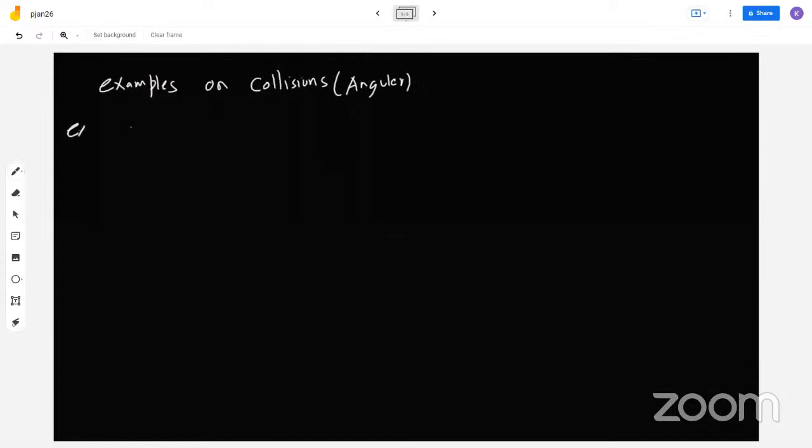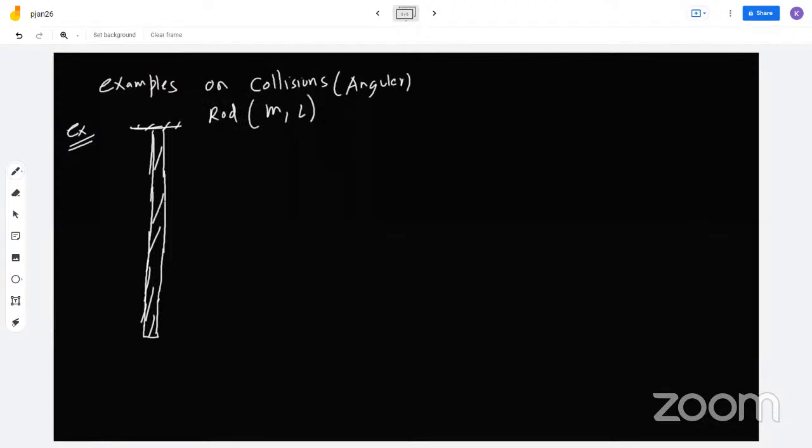Suppose we have this rod, a rod of mass m, length L. And there is a particle coming here. The particle is also of mass m, with speed v0, and it strikes at this point. This is the topmost point, this is the hinge, and this point is 3L/4 below. The particle is striking this point.